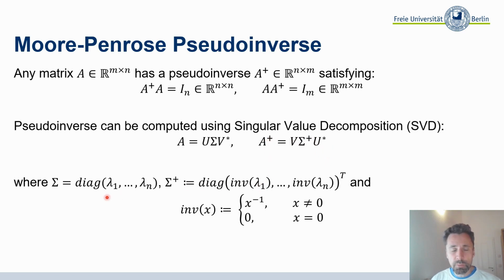That's pretty simple, because the sigma matrix is just a diagonal matrix, so it's 0 left and right of the diagonal. And these values are just inverted. If they're non-zero, it's just one over the value.